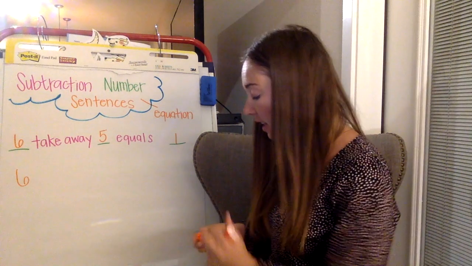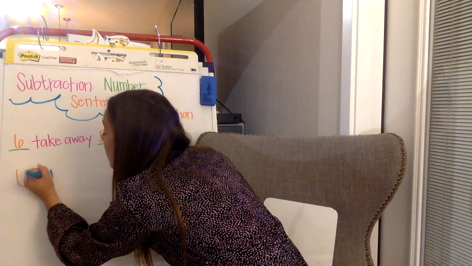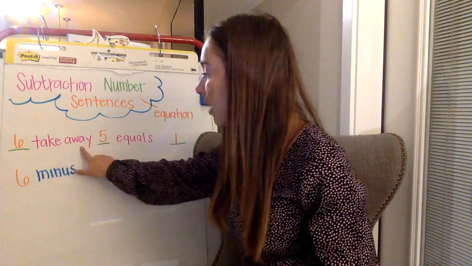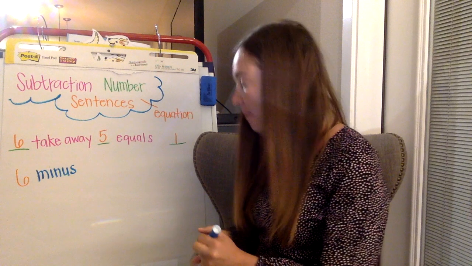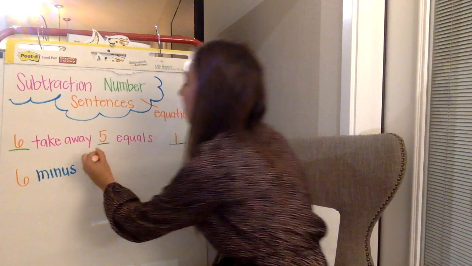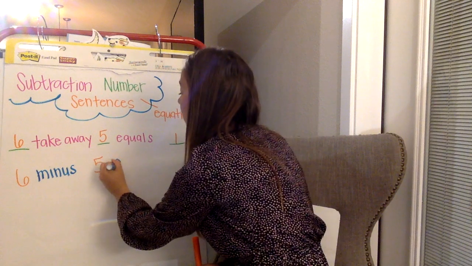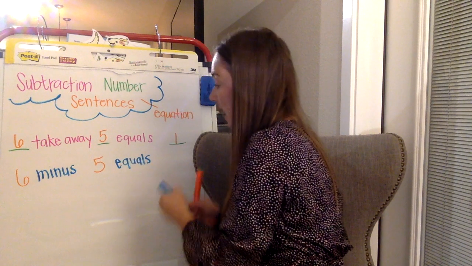So instead of saying the word take away, kindergartners, another word we can say is the word minus. Everyone say that with me. Minus. 6 take away or 6 minus 5 equals 1. Those mean the same thing. It's just another way to say it.